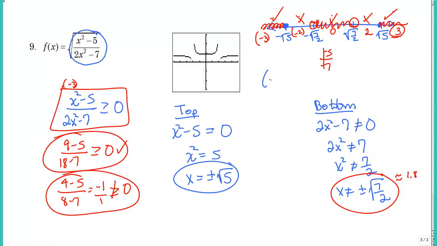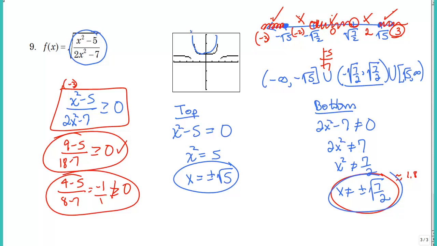So we have from negative infinity to negative square root of 5 bracket, and then negative square root of 7/2 to positive square root of 7/2, and then square root of 5 and beyond. So this part has got to be here. Remember, these were our vertical asymptotes, which kind of matches that.